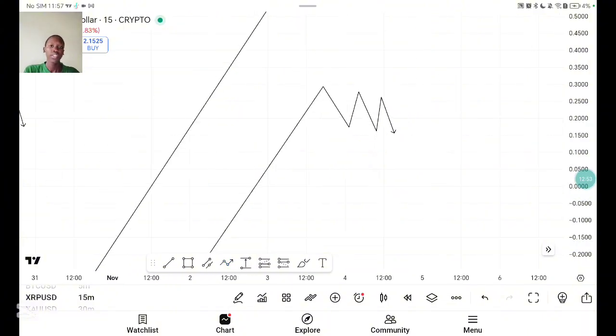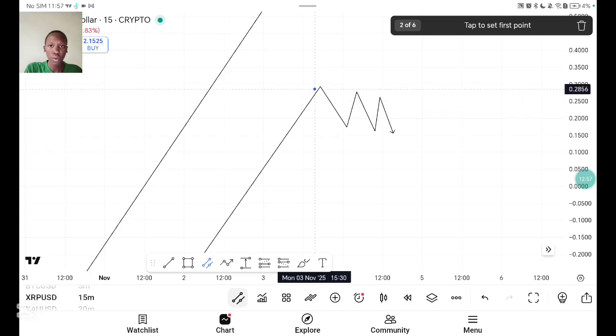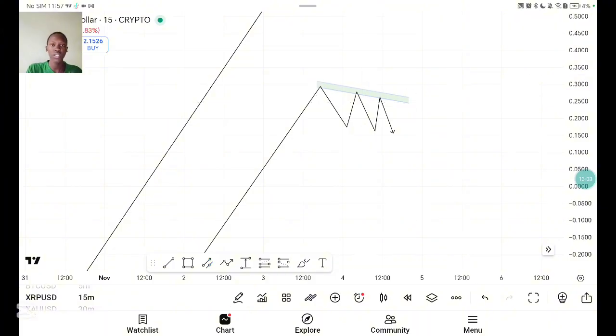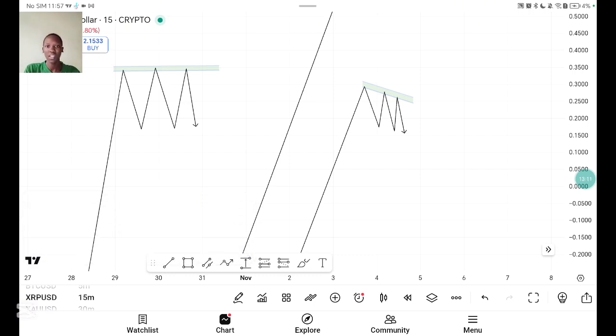So now this is another scenario where you grab the tool, you connect all the lows and give it breathing room. Let me show you how I'm doing it. I gave this one a little space. If you draw your zones like this, then you are close to success. You are one step close.